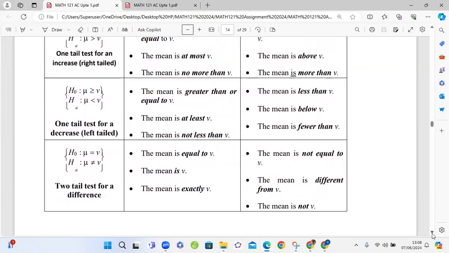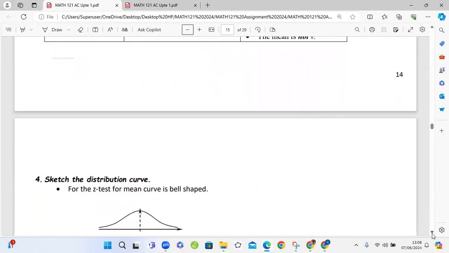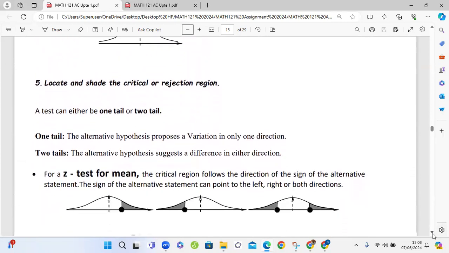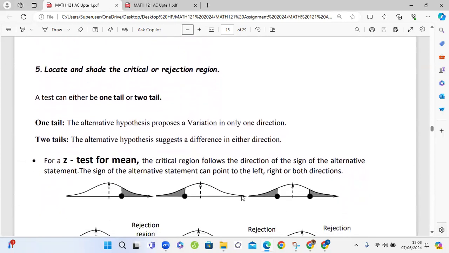Step number 4 says to sketch a distribution curve. Since it's a Z-test for mean, it will be a normal, bell-shaped curve. Step number 5 says to shade the critical region. The critical region can be a one-tail or a two-tail. For a Z-test for mean, the critical region follows the direction of the sign of the alternative statement.